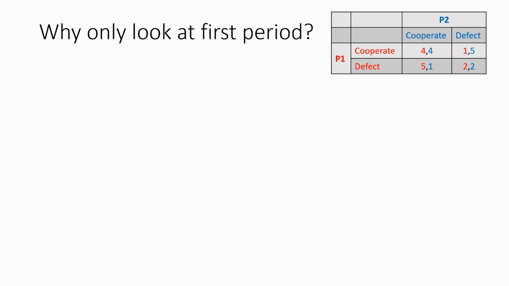So, for example, if we look at a player playing against somebody who's playing Grim Trigger, we'll use this simple example, and then we say, what do you get if you play Grim Trigger and you defect? Do the same thing, but we'll instead look at what happens if you defect in the third round instead of in the first round.